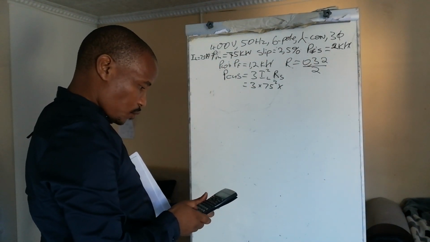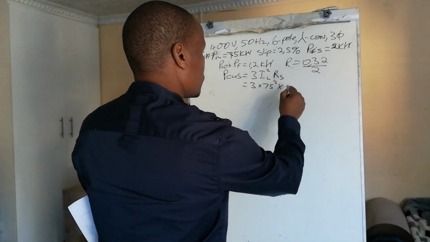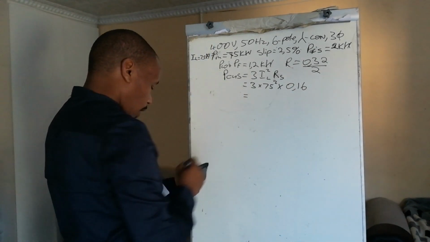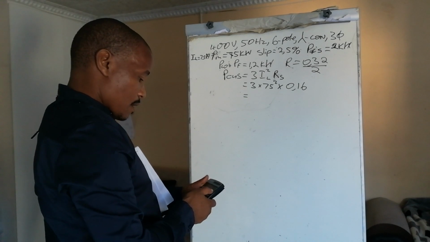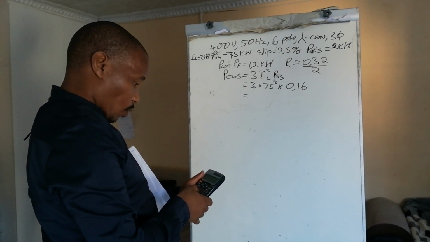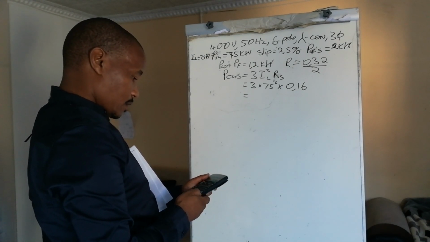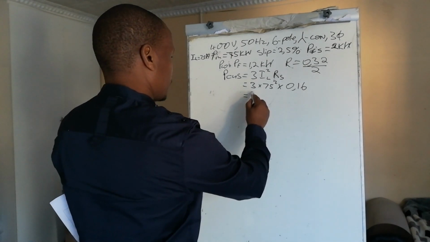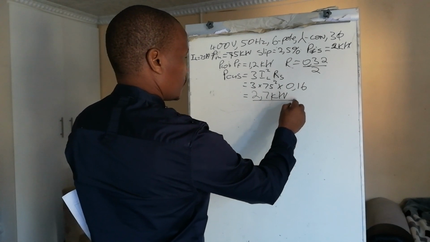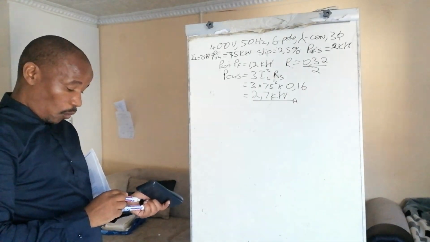It's 0.32 divided by 2, it's 0.16. So 3 multiplied by 75 squared multiplied by 0.16 is 2700, which is 2.7 kilowatts. This is the stator copper losses.